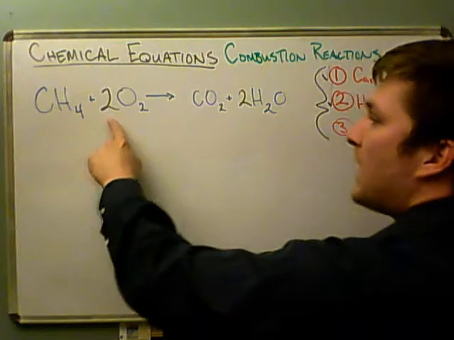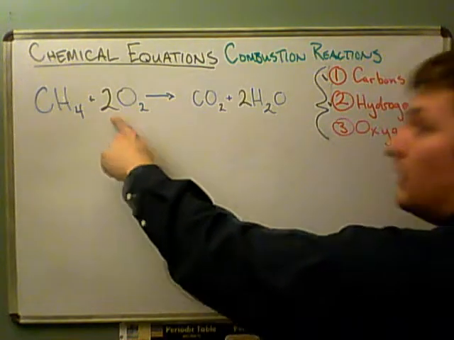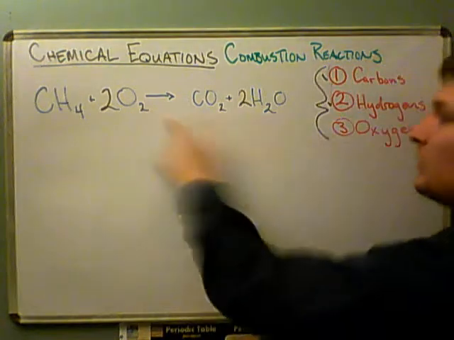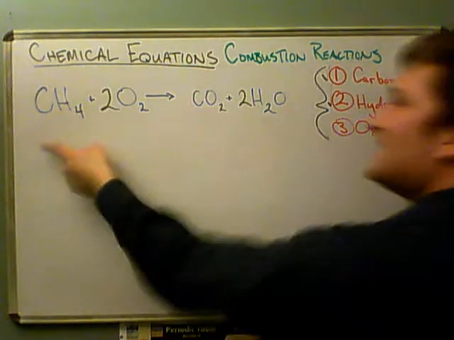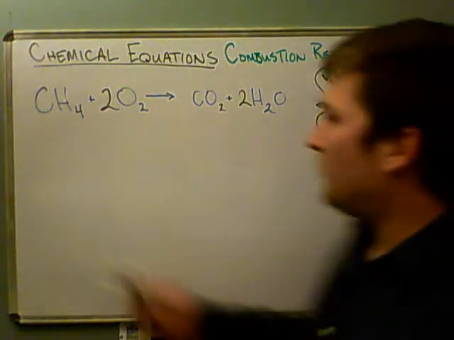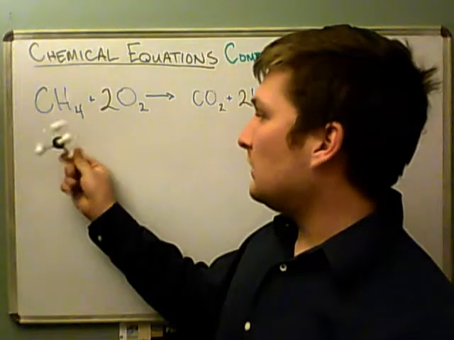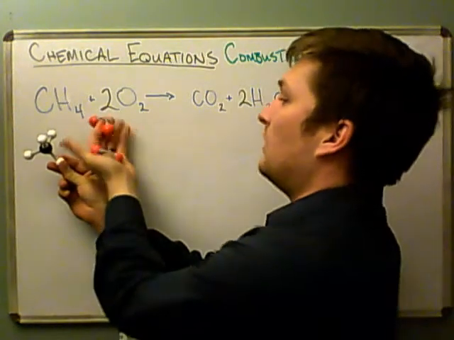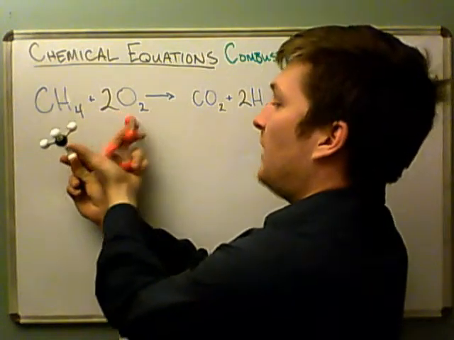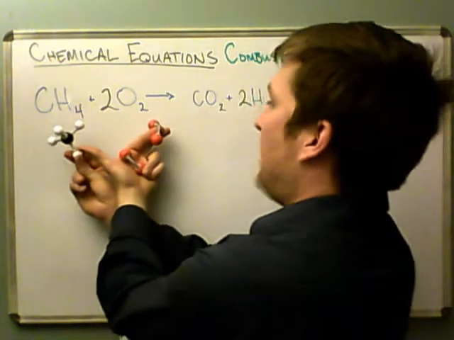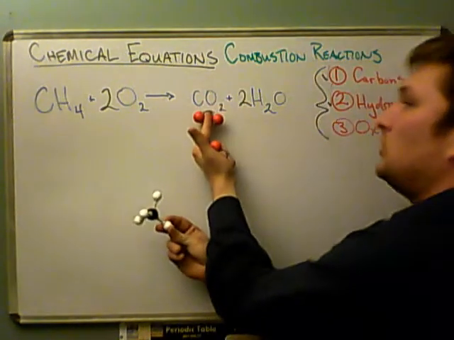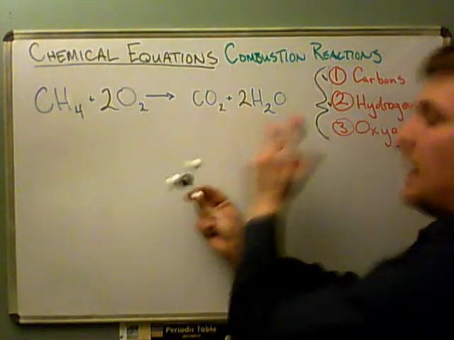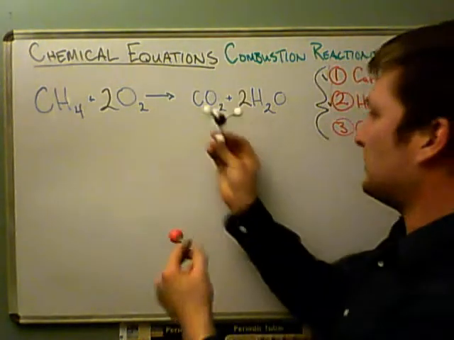For instance, if you had one O2 and 900 of these, you're not going to get the right ratio here. So for this to happen, you have to have 1 molecule of methane, the CH4, and 2 molecules of O2. And for every bit of that you have, you should get 1 molecule of CO2 and 2 molecules of H2O. And let's see if that works.